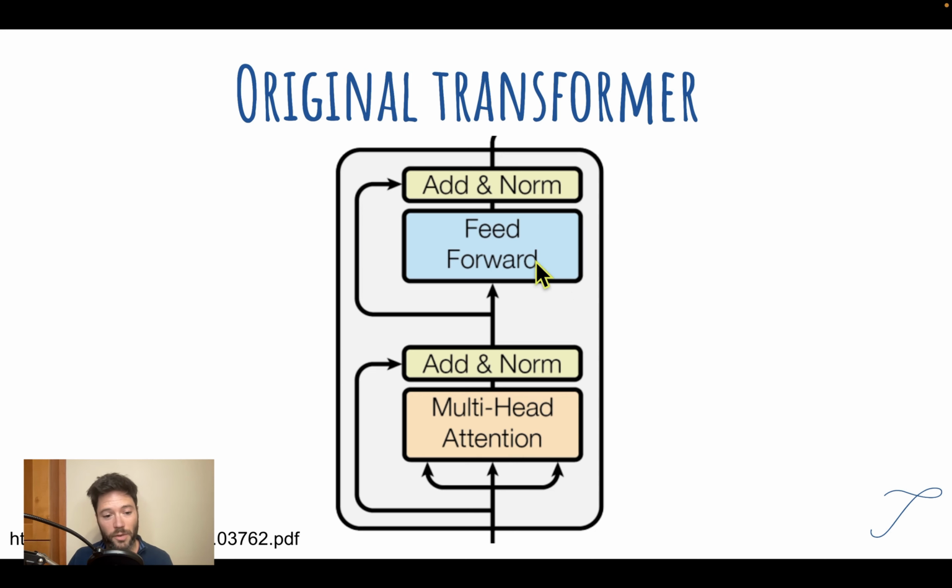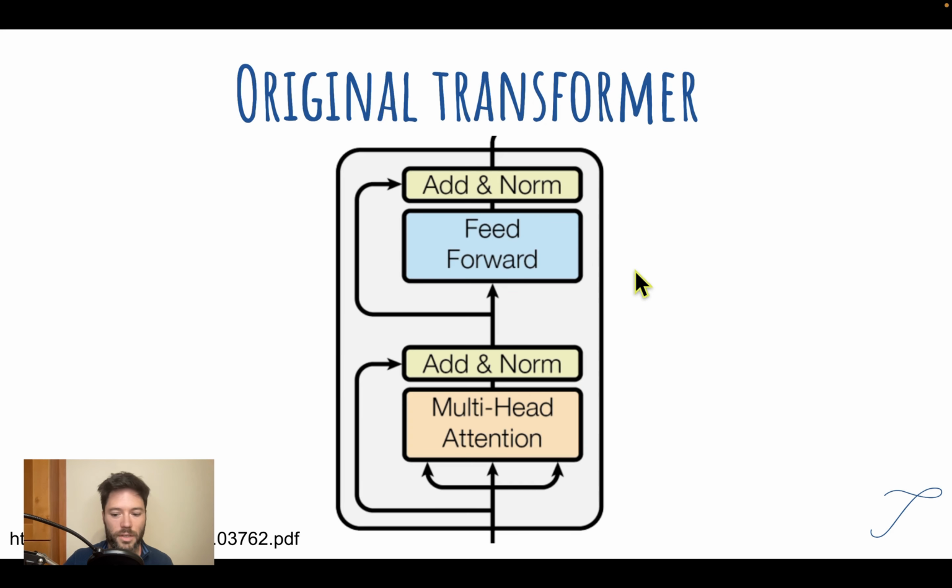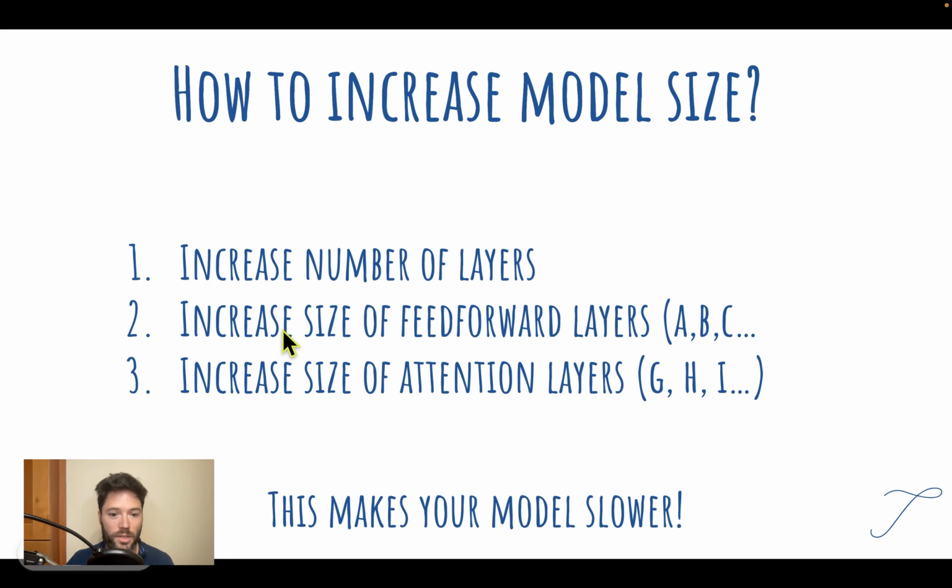And as I mentioned, if you want to make a transformer more complex, you have a few options. You can increase the number of layers, so increase the number of repeating units of this. Or you can increase the size of the feed-forward layers, so you increase the number of trainable parameters in your feed-forward, and or you can increase the size of the attention mechanism within the layers, so G, H, I or whatever constants you're using to represent the matrices of the attention.